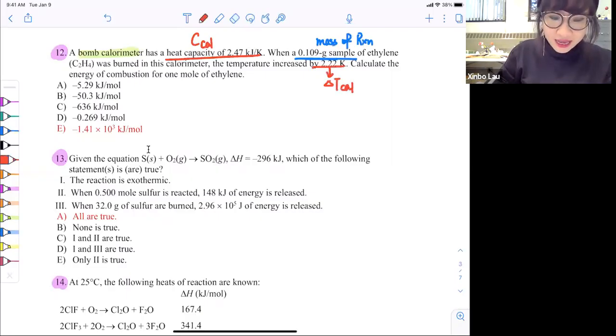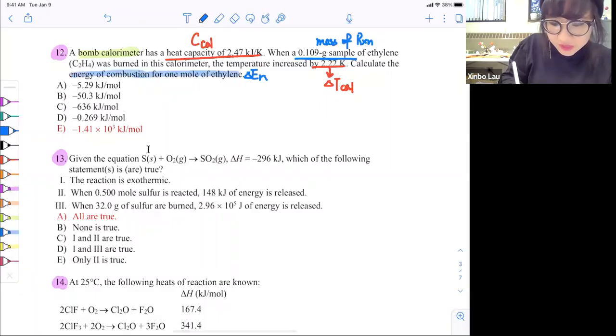And it's asking us to calculate the energy of combustion of 1 mole of ethylene. So again, that's looking for the energy of the reaction.